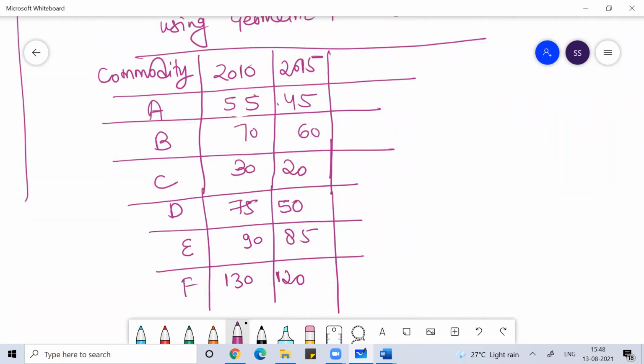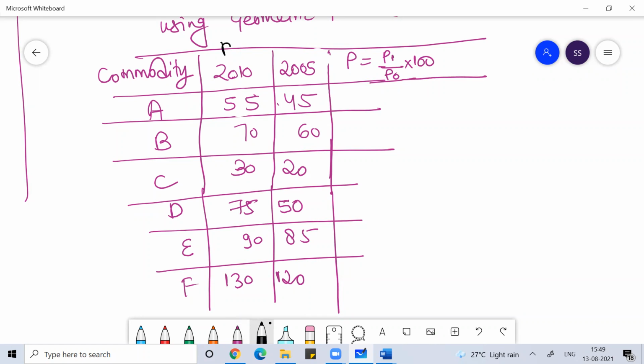So for the index number calculation by the simple price relative method using the geometric mean, you first need to find P. P is equal to P1 by P naught into 100.